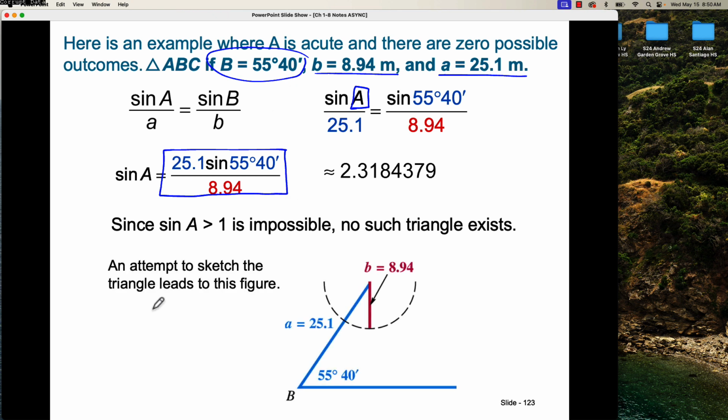An attempt to sketch the triangle leads to this figure. Here we have our side length, 25.1. Here we have our other side length, 8.94. Here's our required 55 degrees, 40 minutes. And as we can see, it's going to be too short. There's no way we can get it to connect to this third side, making 0 triangles possible.